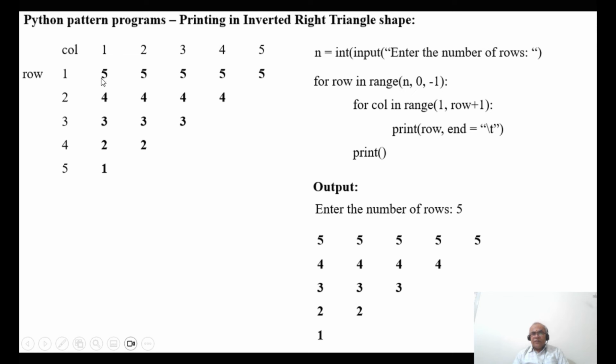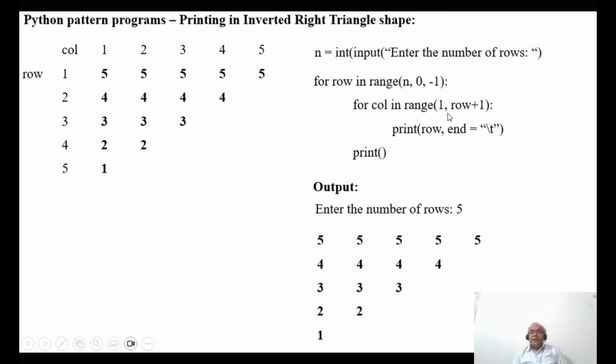What is this 5? The 5 is the row number. That is the reason we are giving row here, and end is equal to backslash t. It will continue the cursor on the same line. Otherwise, in Python, the print function always goes to the next line.